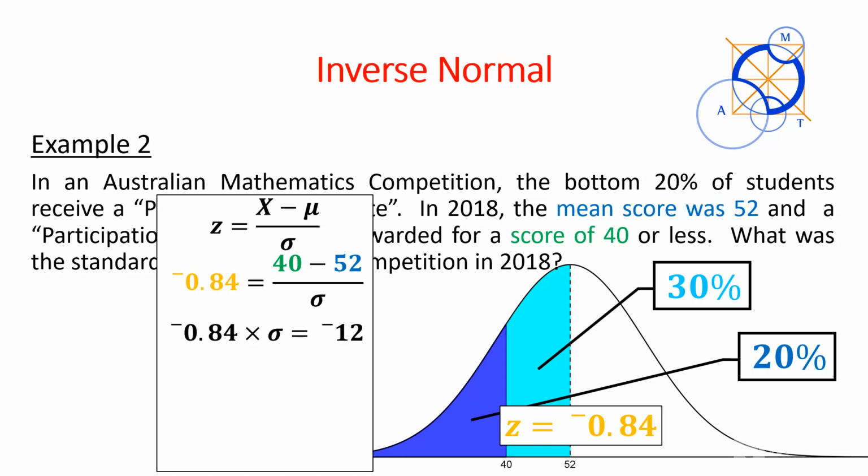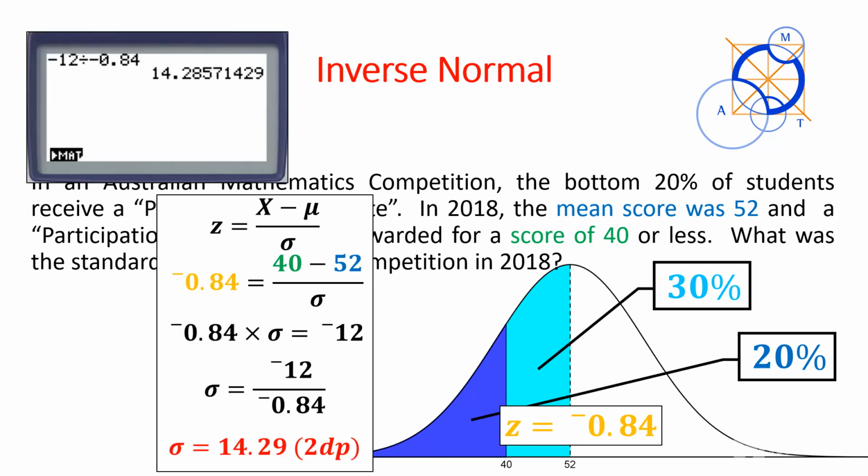So to do that, we're going to multiply both sides by sigma, so negative 0.84 times sigma equals, and we know 40 minus 52 is negative 12, and then we're going to divide everything by negative 0.84 to give us sigma is equal to negative 12 divided by negative 0.84. The two negatives cancel, giving us a standard deviation of 14.29, which I've rounded to 2 decimal places.